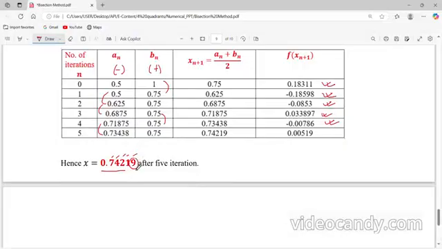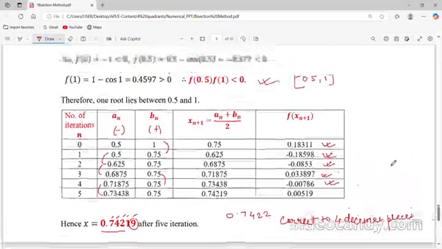So that's why your answer will be 0.7422. You can write correct to 4 decimal places. This is your actual answer. Okay. So this is the bisection method, and this way we can find out the root.